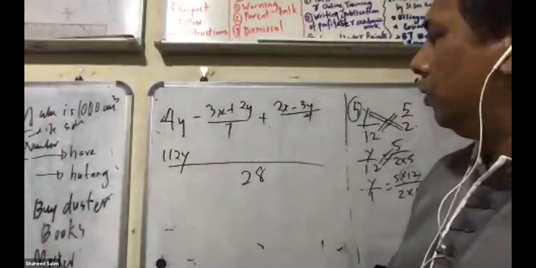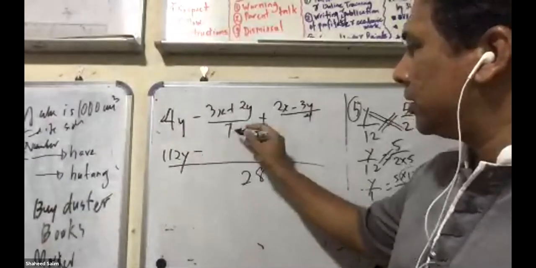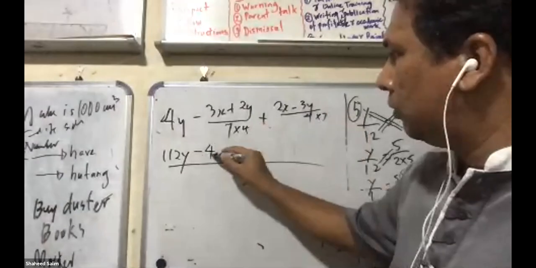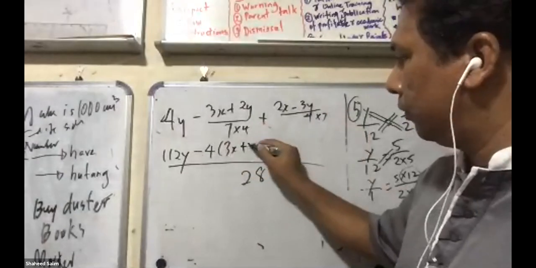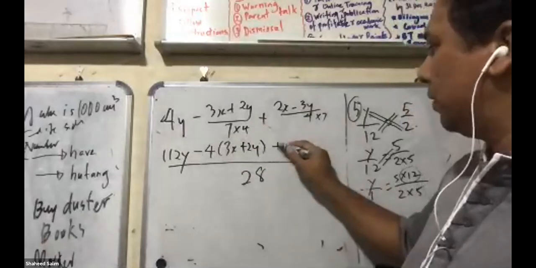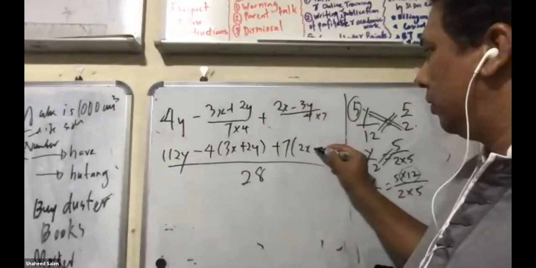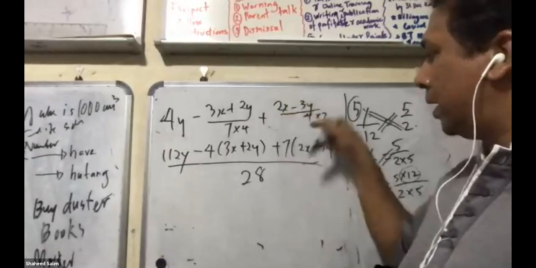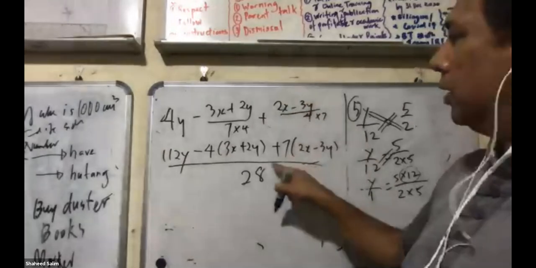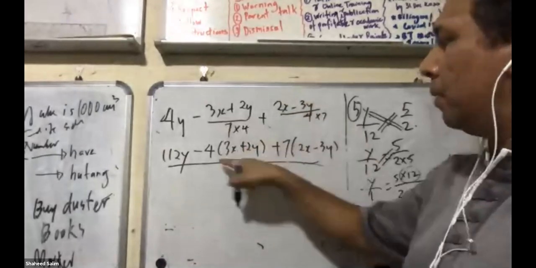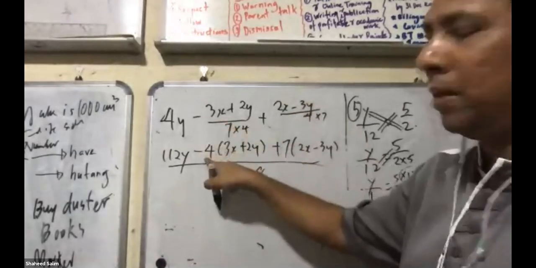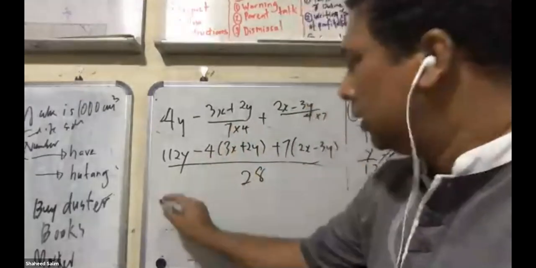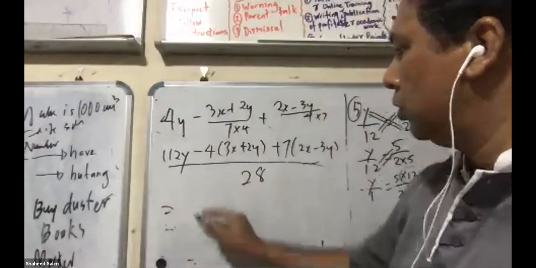Down here is minus, this one must times 4. This one must times 7. I need to times 7, I bracket this up, I put the 7 outside. I need to times 4, I bracket this up, I put the 4 outside. But since it's minus, must be minus 4. Okay? So far, okay?